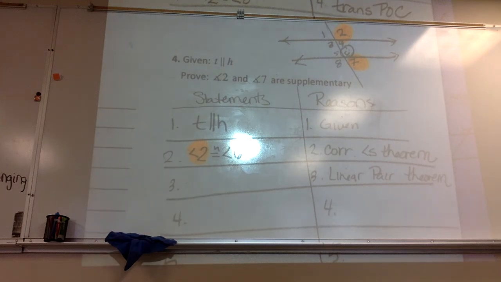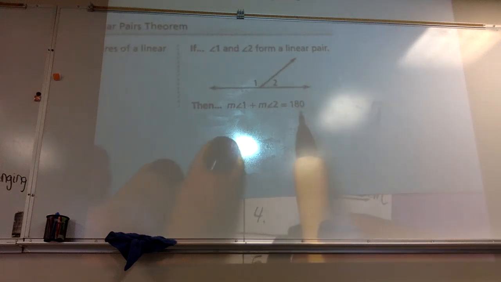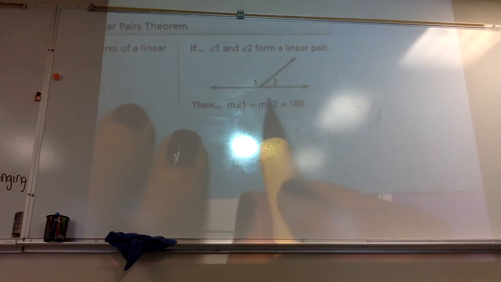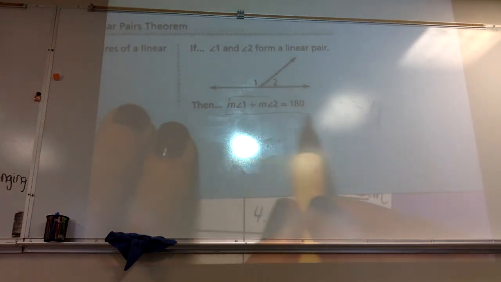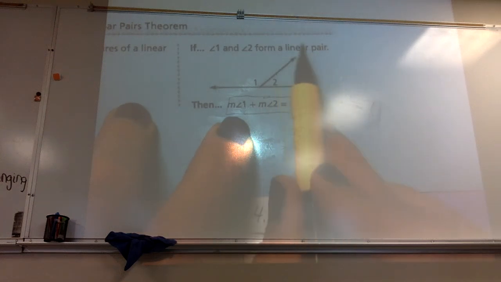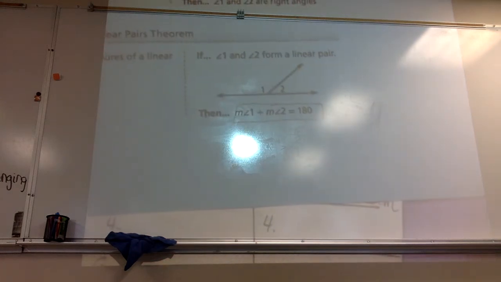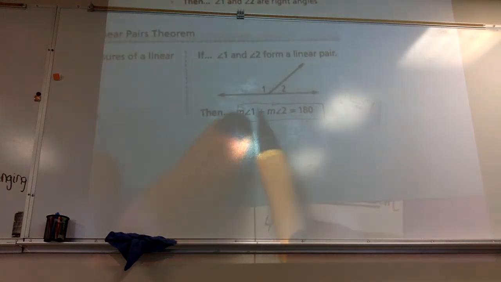Now, this is being picky, but I believe being picky is important as we start writing proofs. And then as you get really good at it, I can be a little bit less picky. So if they form a linear pair, this is what we'll put into our proof. That becomes our statements, except it's not measure of angle 1 and 2.